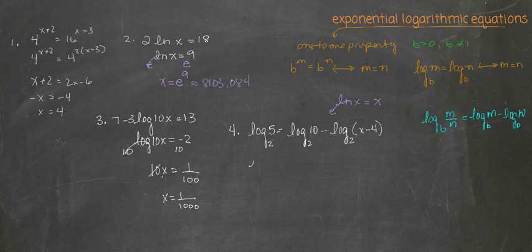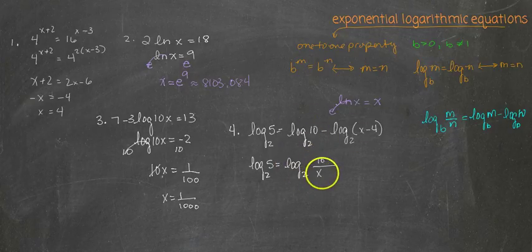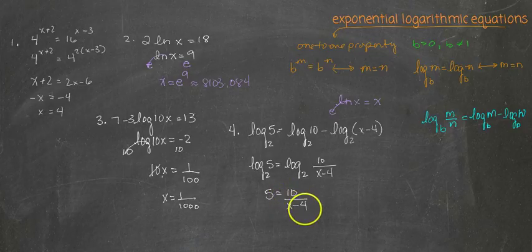So when I do that, I get log base 2 of 5 equals log base 2 of 10 divided by x minus 4. Now I have my one-to-one property. Because I have the same log on both sides, I can set m and n equal to each other. So 5 equals 10 over x minus 4.